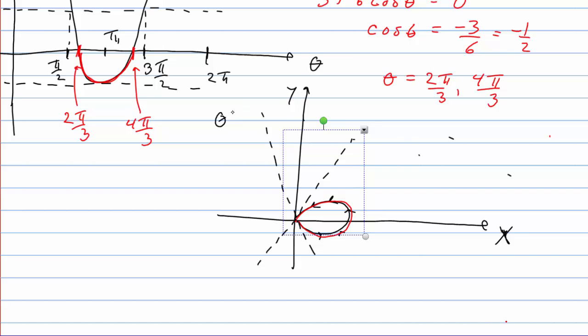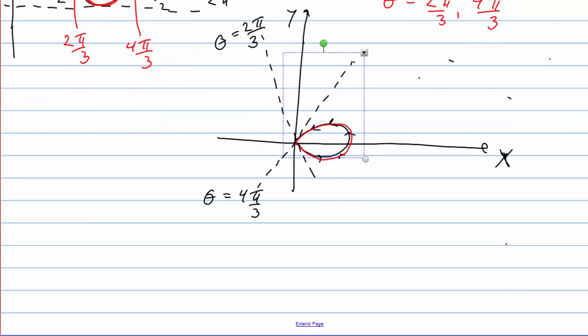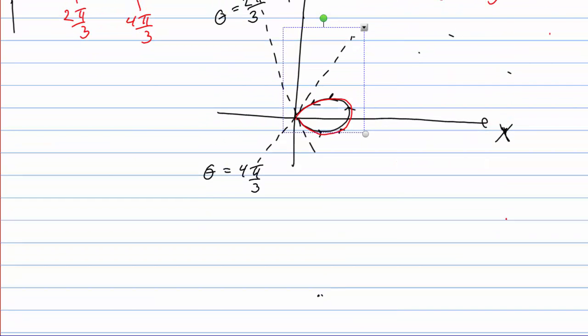So here we have theta is 2 pi over 3, and here we have 4 pi over 3. Okay, so to find the area of that, we just need to let theta vary from 2 pi over 3 to 4 pi over 3.